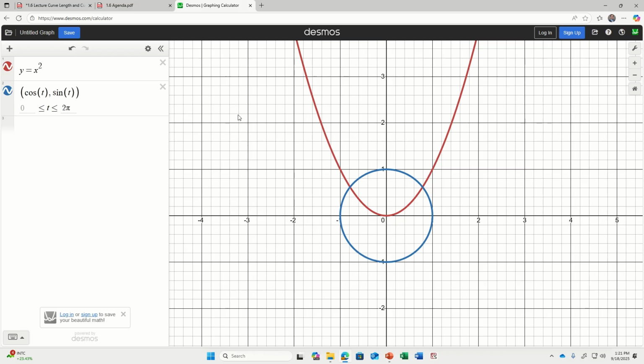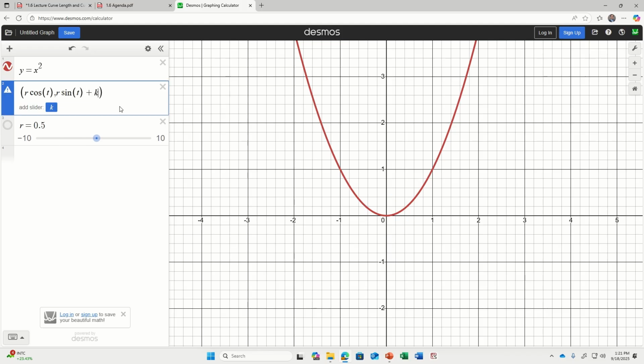That doesn't look like a circle of curvature. Let me fix it. I'm going to give it a radius that I can tweak. Maybe that's a better radius. And then I also want to be able to scoot it up a little bit. And so let me find it, and there it is.